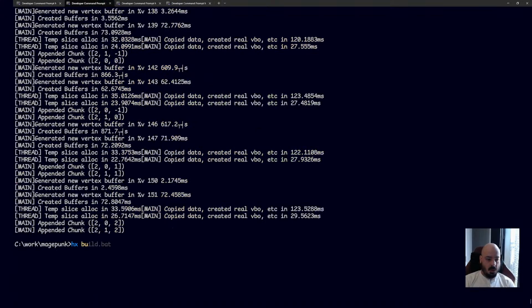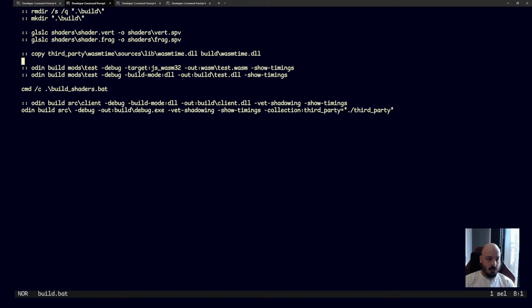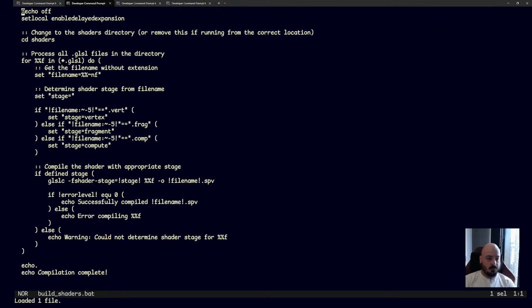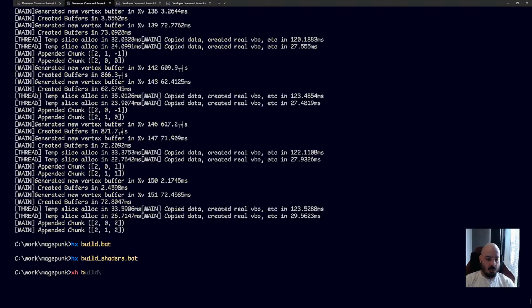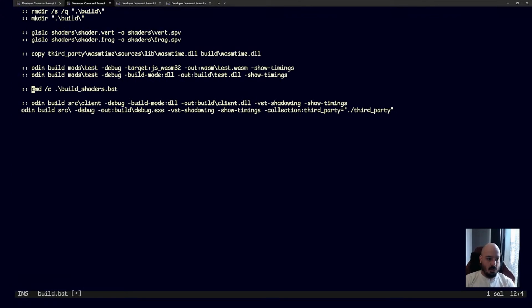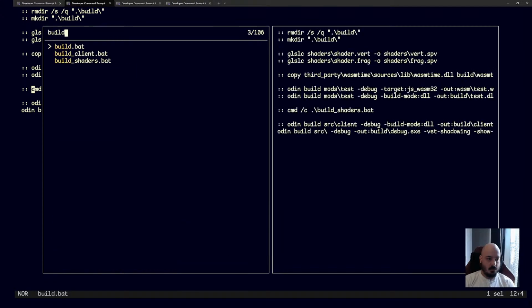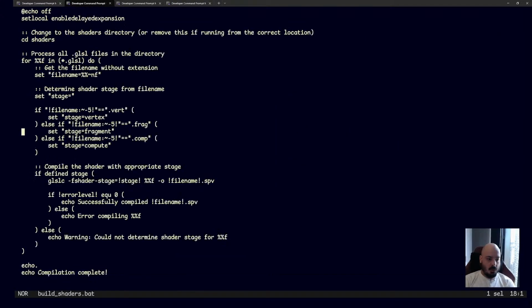I'm actually going to change the build script, the other build script. No, I'm not going to change this one. I'm going to change the build script itself. I'm not going to call build shaders anymore. I'm just going to manually build the ones that I want, which is going to be this command.